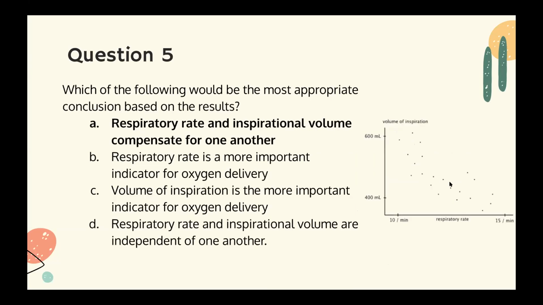Yeah, exactly. So the graph is showing an inverse relationship between volume of inspiration and respiratory rate. So A would be our answer. A high volume of inspiration would mean a low respiratory rate and vice versa. So choice B and C are not correct. You can't really conclude that based on just the figure alone. And D is wrong because the graph is showing this negative slope.